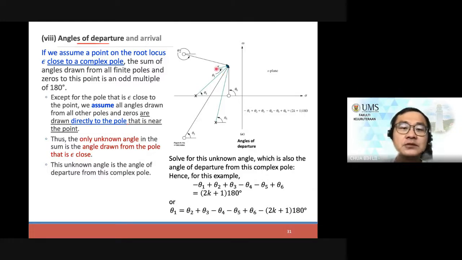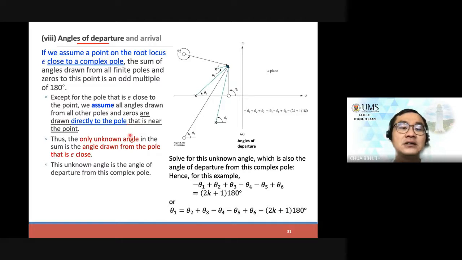So we put a point close to it, and then we start to draw all the lines towards it and test whether it is a solution of the roots or not. So we assume that it is very close, and we assume all the angles are drawn and so on.